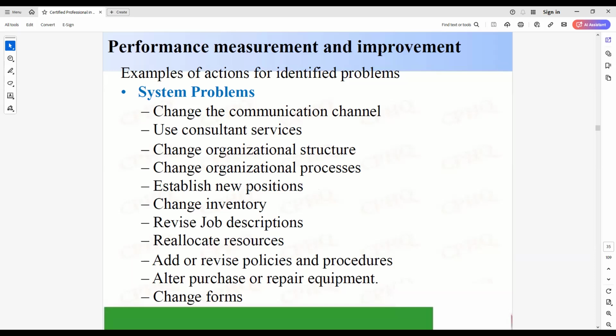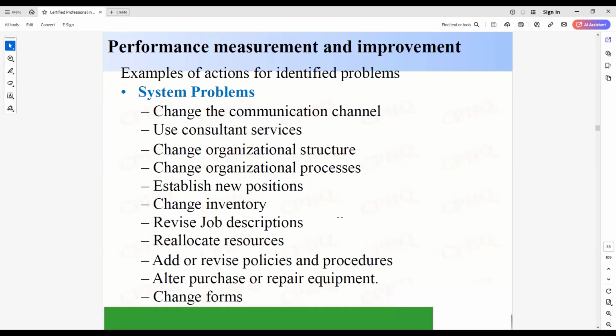Establish new positions sometimes, depends. So for example, creating the VAST or creating the UCT, all of those things are examples of establishing new positions. Changing inventory, so maybe the items that you have now are not appropriate for the care you're providing and it's time to change them.